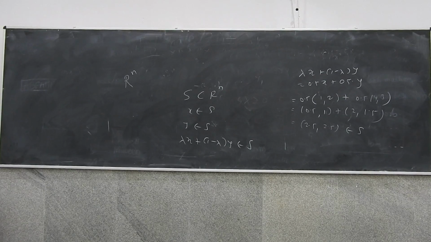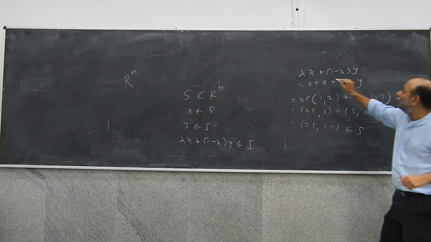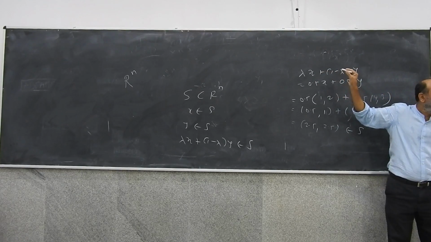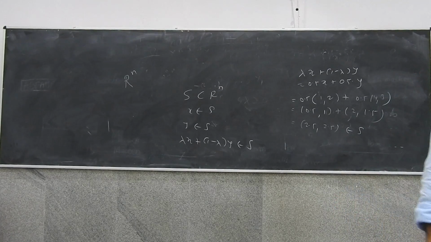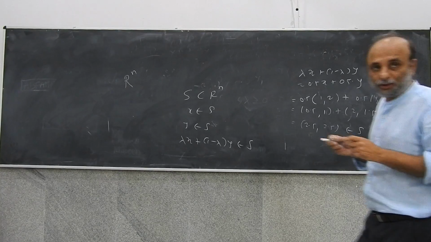This is called a linear combination of X and Y. So another way of defining convex sets is, if you take any point X belonging to the set, any point Y belonging to the set, every linear combination of X and Y must also belong to the set. Right?